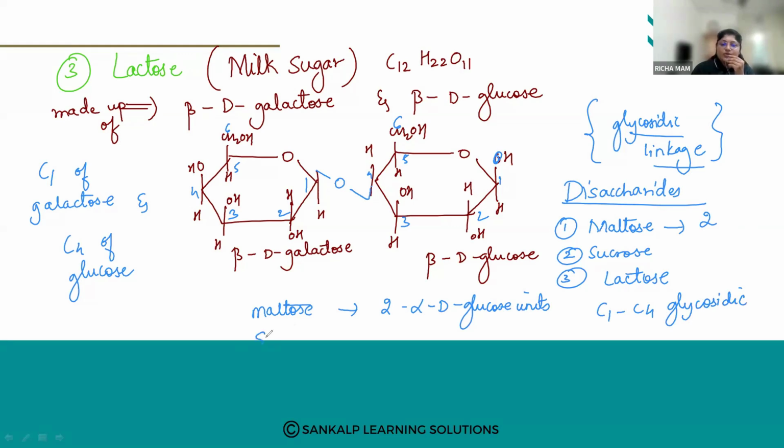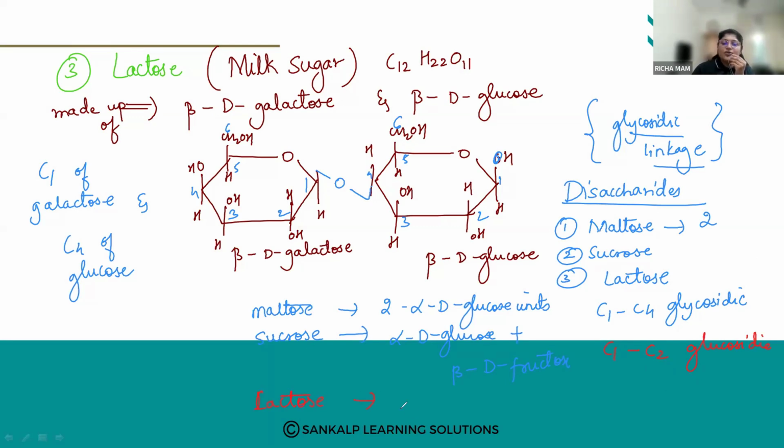The second one is sucrose. Sucrose consists of one alpha D glucose and another beta D fructose. The linkage is present between C1 of glucose and C2 of fructose. The third one is lactose.